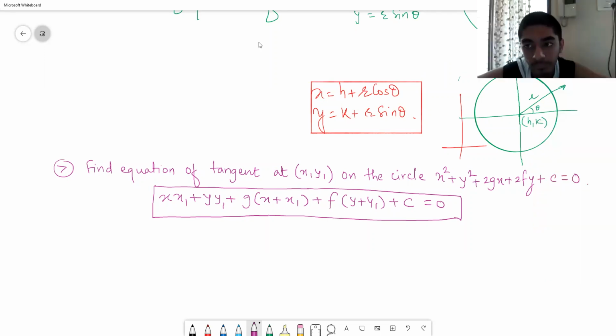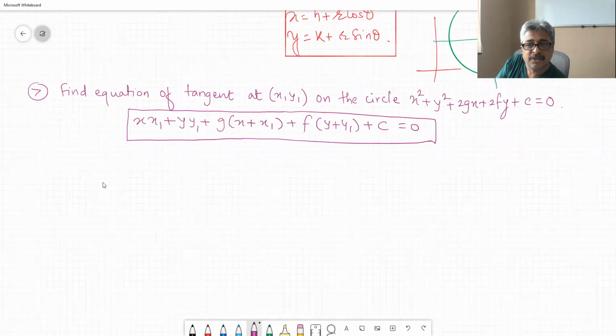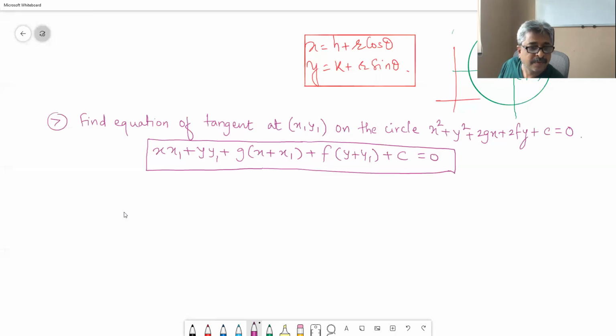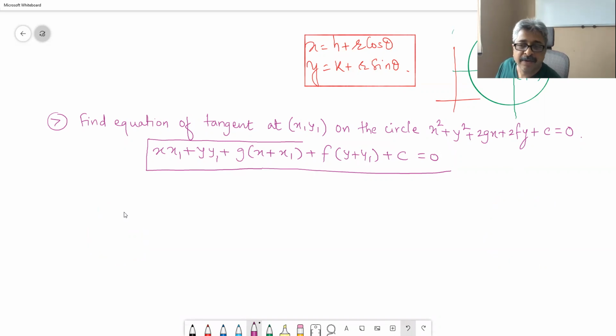Okay, so let us do it by basic method. What is the basic method? We have a circle, and we have a point.